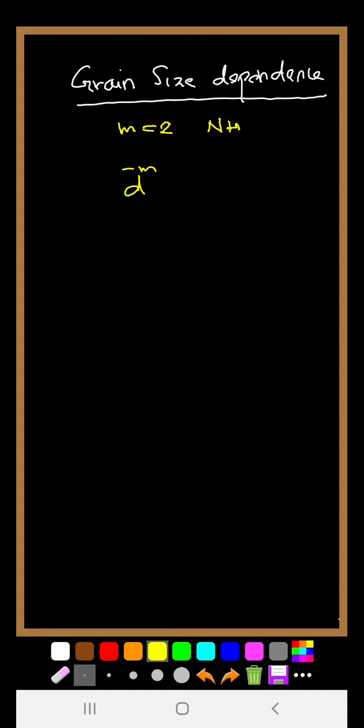So when m is equal to 2, it means we are having NH creep.